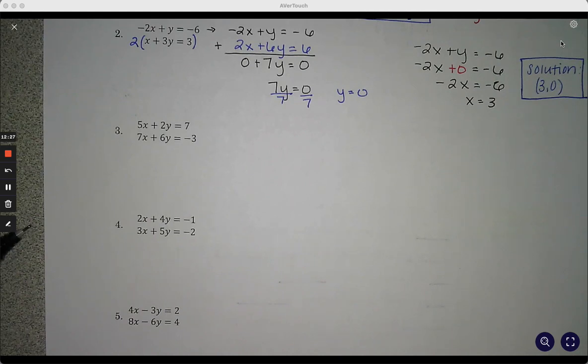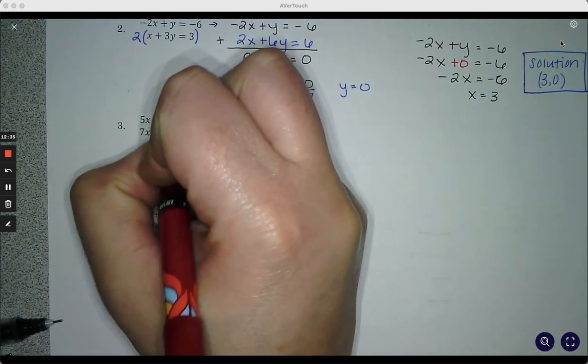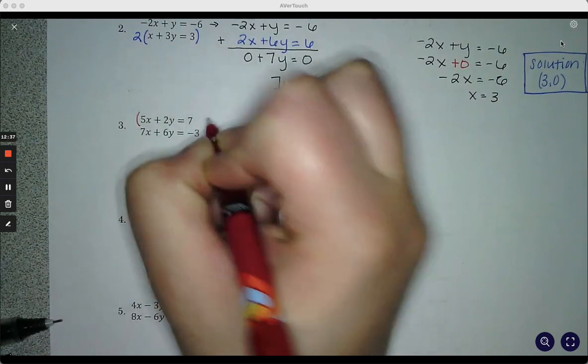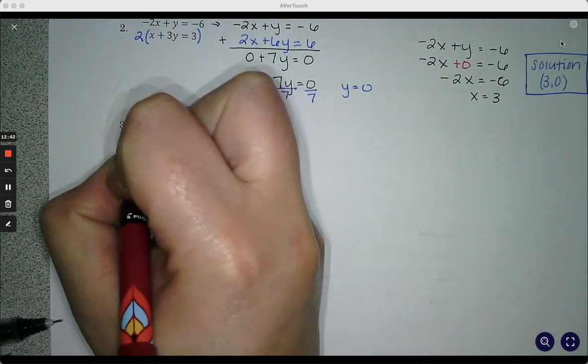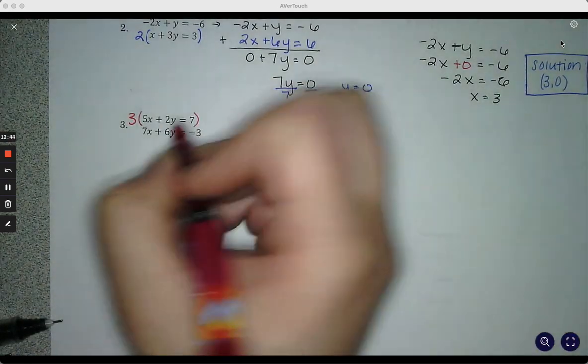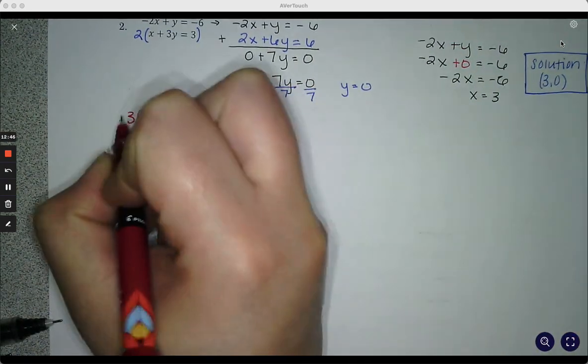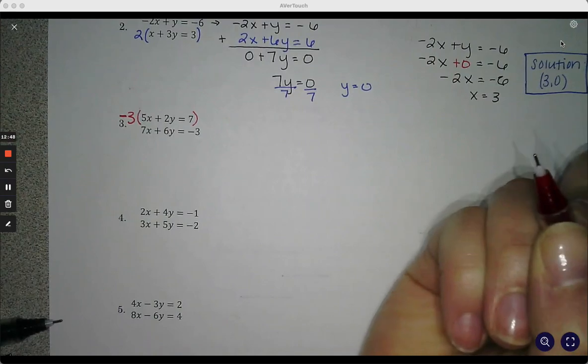And in order to do that, I see that one has a 2 and the other has a 6. The one way that I can think of off the top of my head to do that, so that way the 6 y's cancel, is I'm going to first have to multiply the top equation by 3. But to make this a negative 6, I'm going to have to multiply it by a negative 3.